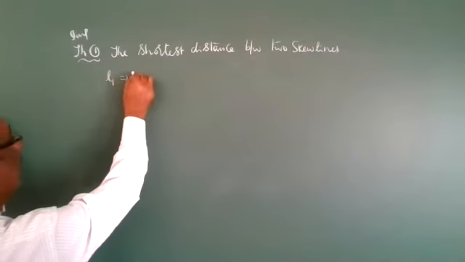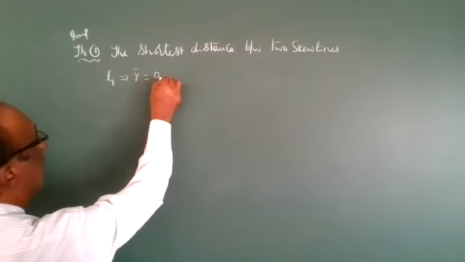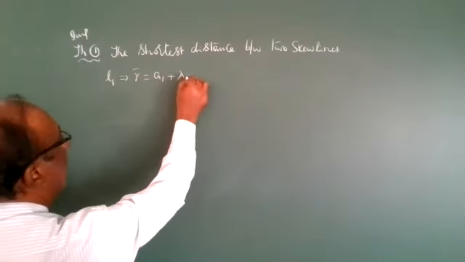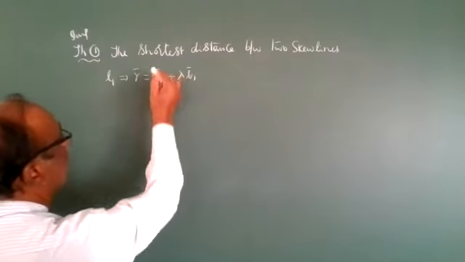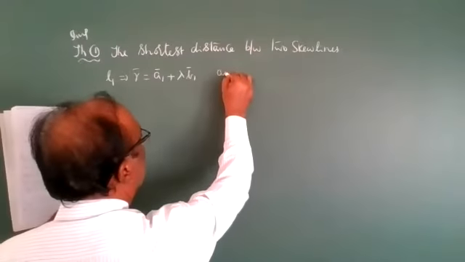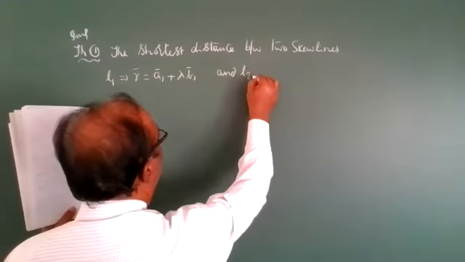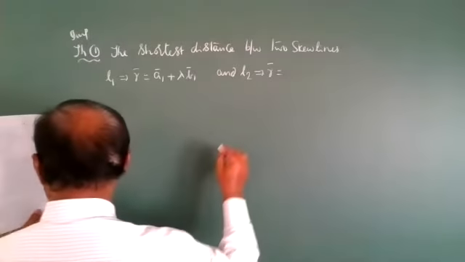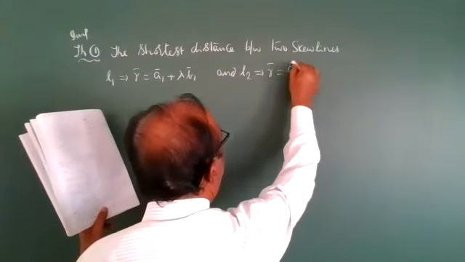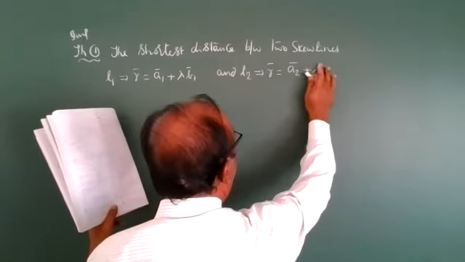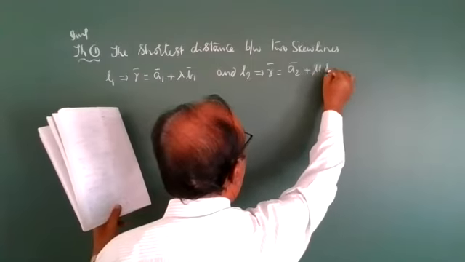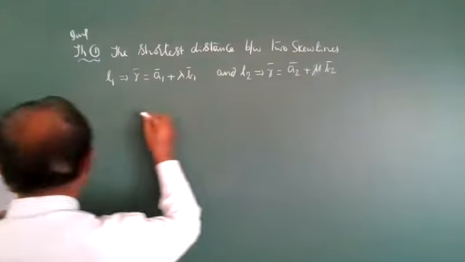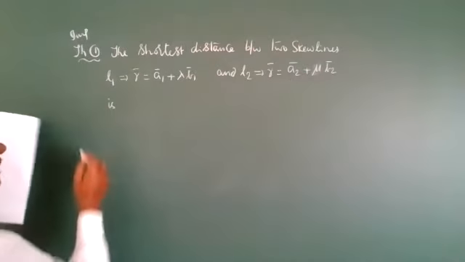L1: R bar is equal to A1 bar plus lambda into B1 bar, and L2: R bar is equal to A2 bar plus mu into B2 bar, is the vector form.